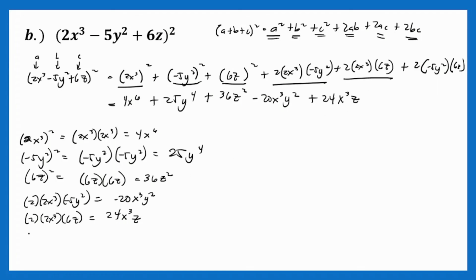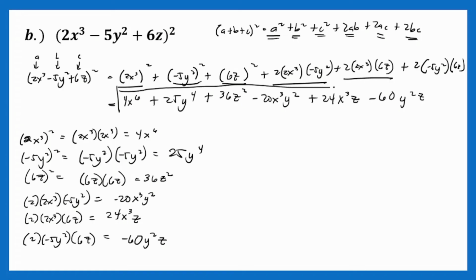Last one, 2 times negative 5y squared times 6z. So, 2 times negative 5 is negative 10 times 6, that's negative 60. Yung y squared ay walang pareho dito at wala ding z na same ang base. So, that's negative 60y squared z. Alright, tignan mabuti yung exponents. Sana tama kayo dito sa last natin.